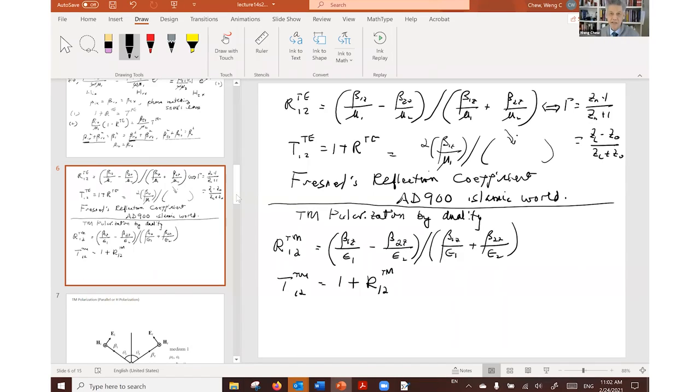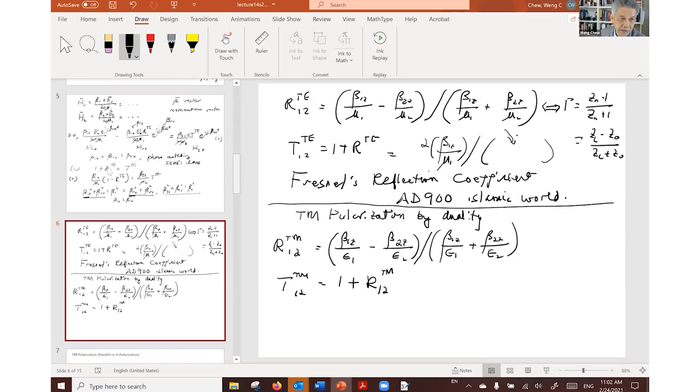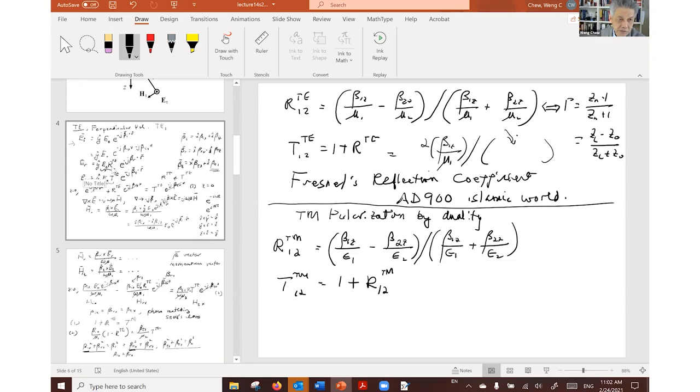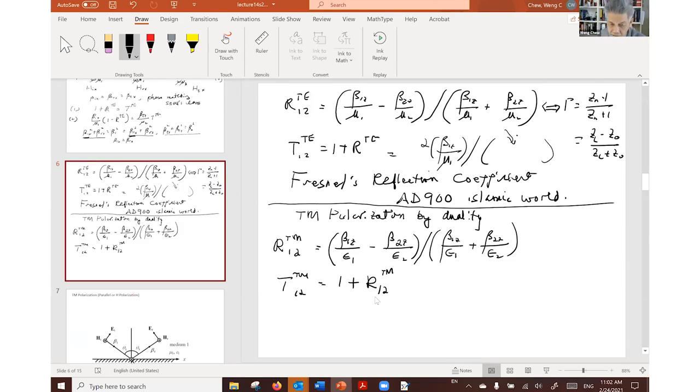You have to be careful, because we use the duality principle. These are reflection coefficients for electric fields, because that's how we define them. We define this reflection coefficient to be that for the electric field. So when we use the duality principle, this will be the reflection coefficient and transmission coefficient for magnetic fields. You have to make that distinction because these are not reflection and transmission coefficients for the electric field anymore.